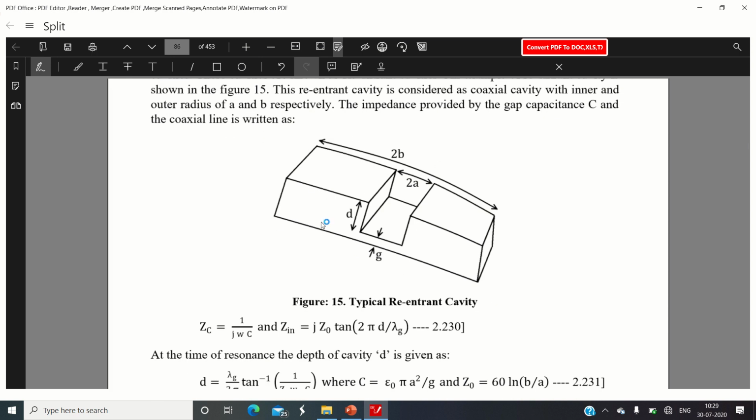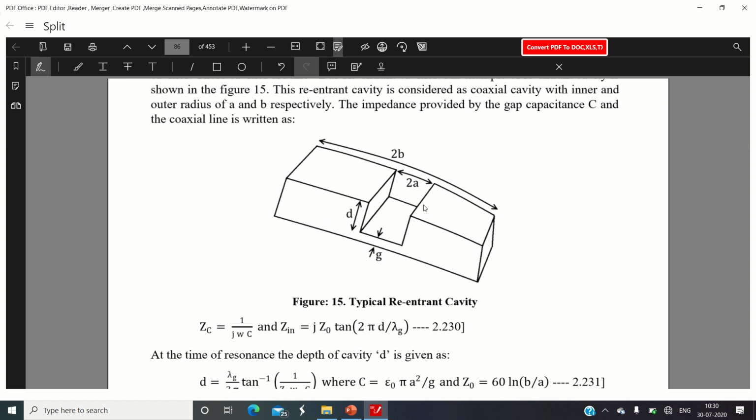So what we observe over here is a typical re-entrant cavity. The term re-entrant means the signal or the field is going to re-enter into this cavity again and again. The purpose of making such a kind of structure, this is a cavity actually, right? This cavity is constructed such that when the field enters into this particular cavity, it will go on circulating within this cavity itself.